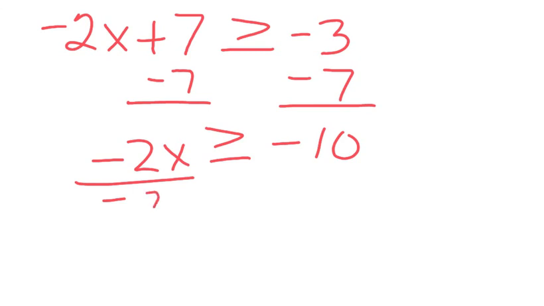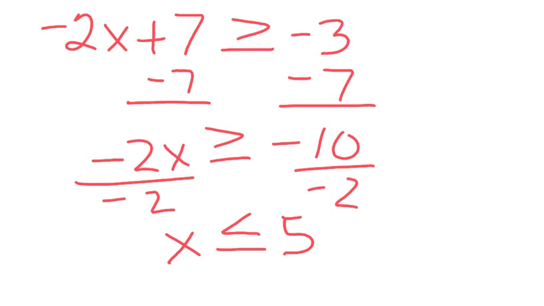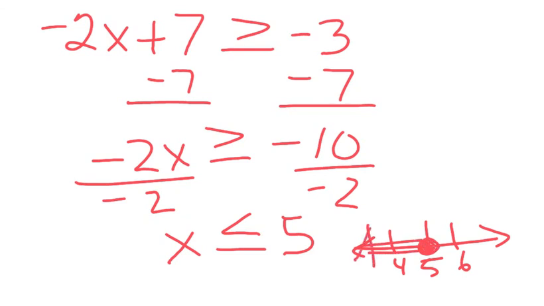Then I'm going to divide by negative 2. And x, my sign's going to flip, is less than or equal to 5. I just divided by negative 2, my sign flips. Then when I graph it, of course, 5 will be in the middle, 6, 4 will be here. It'll be a filled-in circle headed this direction.